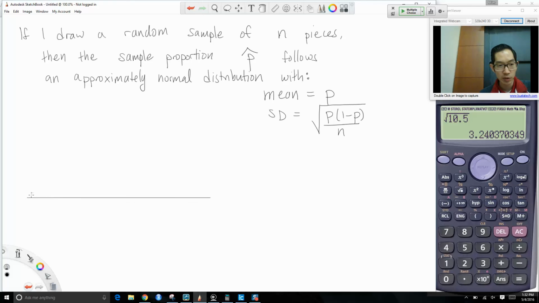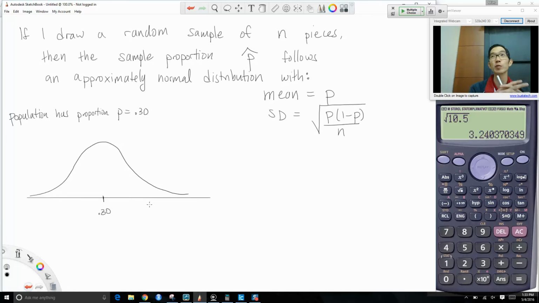Okay, so we're saying if the population has proportion p equal to 30%, then whenever we take a random sample, the sample proportion p hat is going to be random from one sample to another, right?